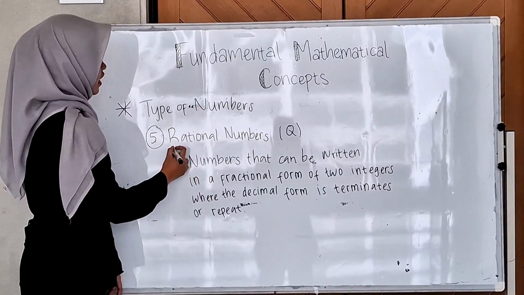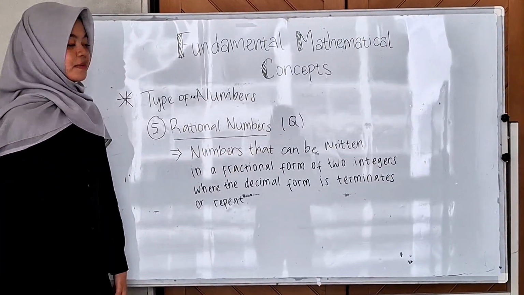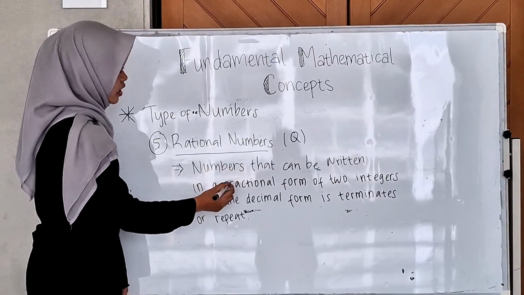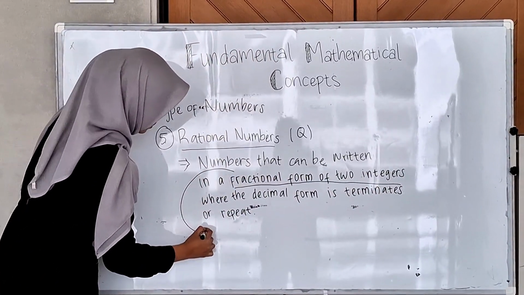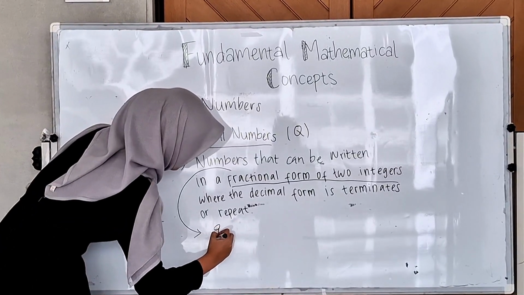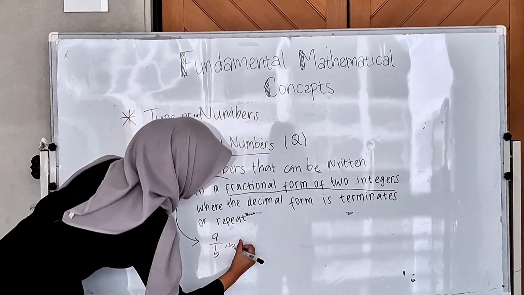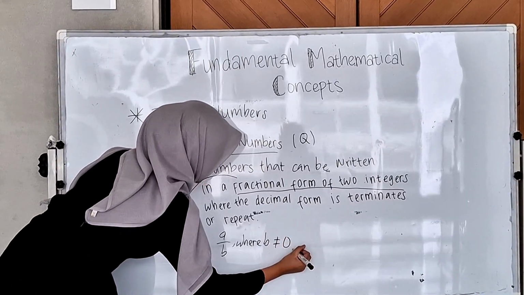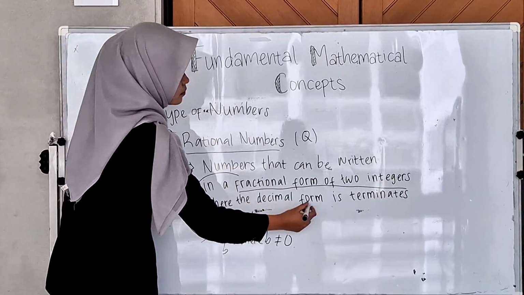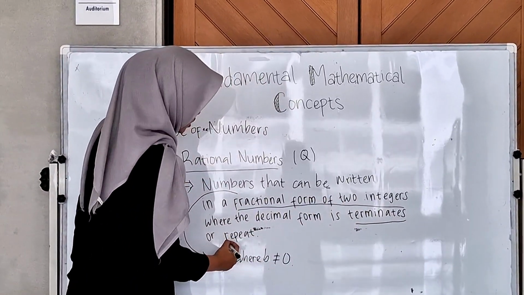Okay, the fifth one is rational numbers. Rational numbers are numbers that can be written in a fractional form of two integers, like a divided by b, where b is not equal to 0, where the decimal form terminates or repeats.